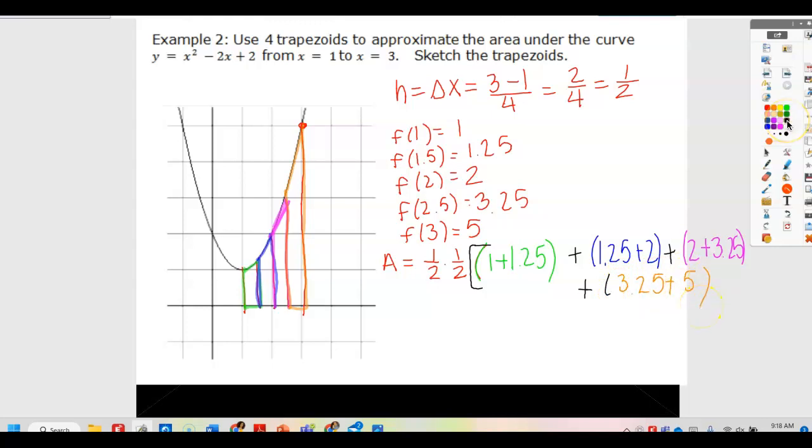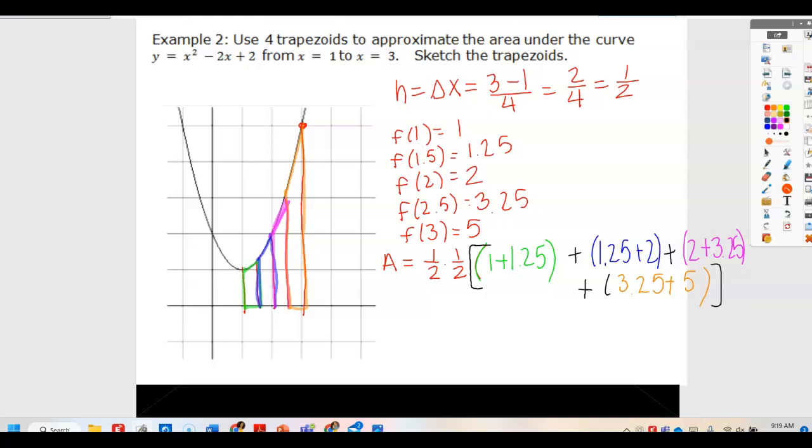So what do you notice about the numbers you're summing inside when the trapezoids share the same height bases? All of the interior bases are summed together.